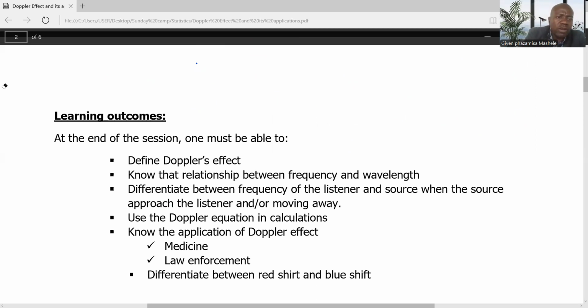So according to the formula, and you must listen to me, FL equals Fs times (V plus or minus VL) over (V plus or minus VS).